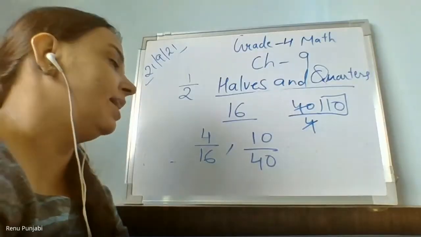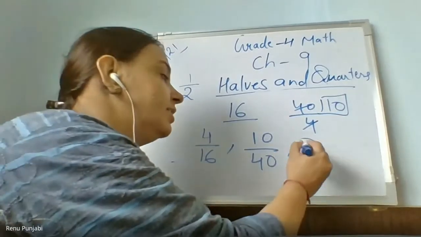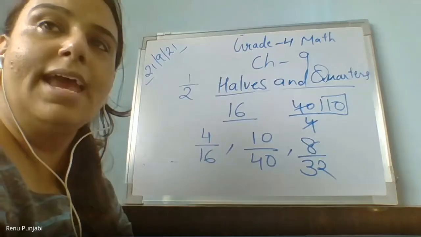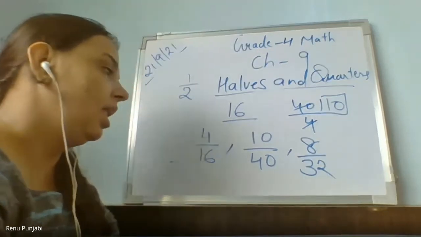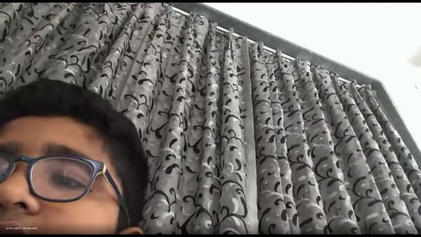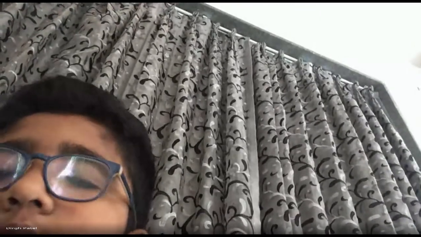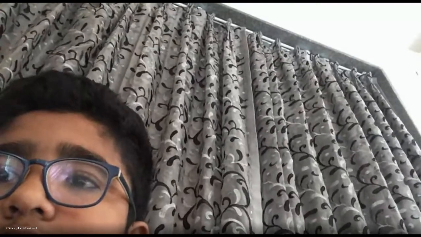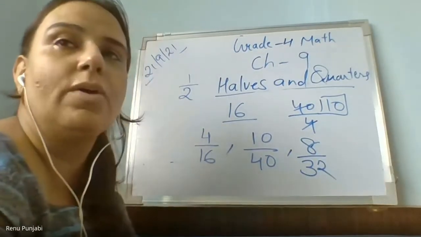Got it? Yes, Prayag. 32 divided by 4 is equal to 8. 8 upon 32 is the quarter. Yes, Deer. 10,000 upon 4,000.